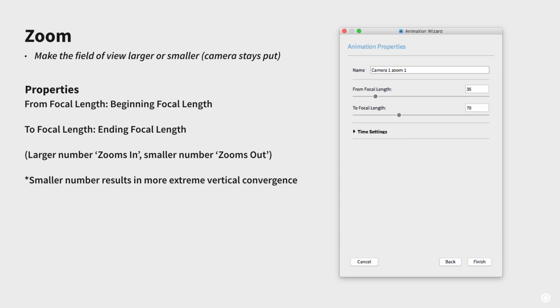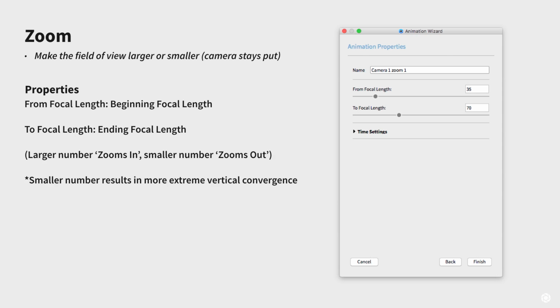Next we have zoom. The zoom is where we basically make the field of view larger or smaller. The camera's not moving, but we change the size of the field of view to make your object look either larger or smaller. It's just like how zoom works on a real camera. We have the option to establish a from and a to focal length, which is our starting and ending point.